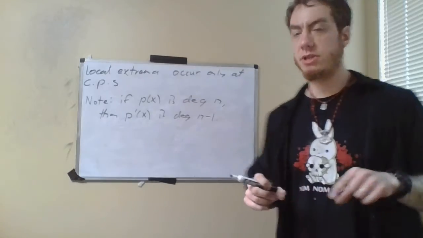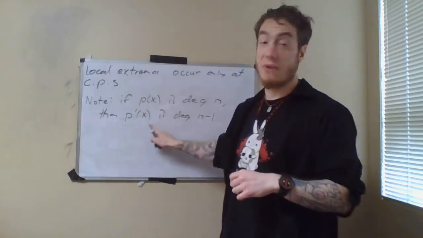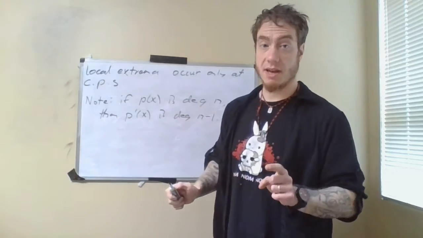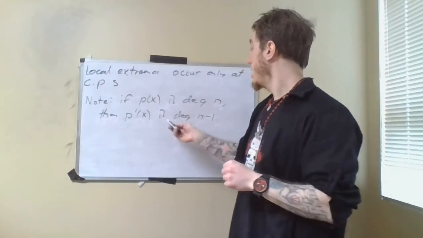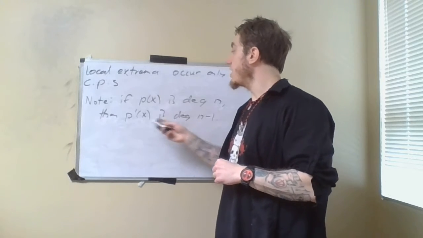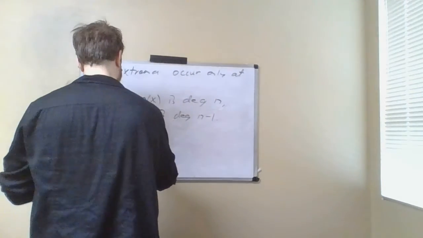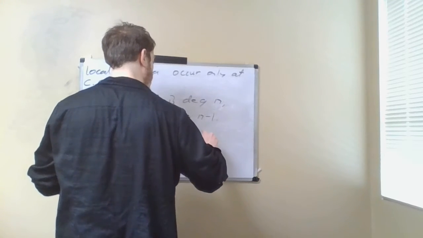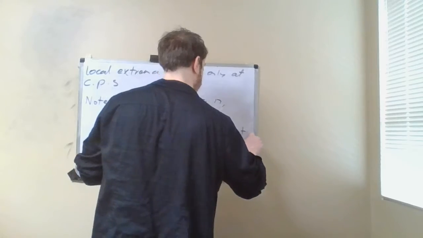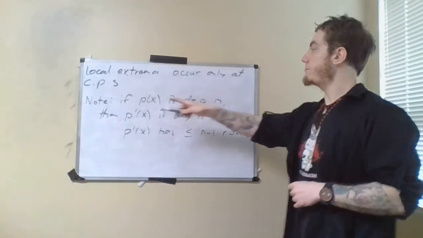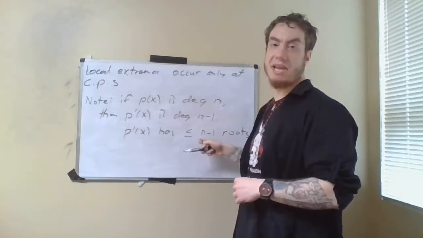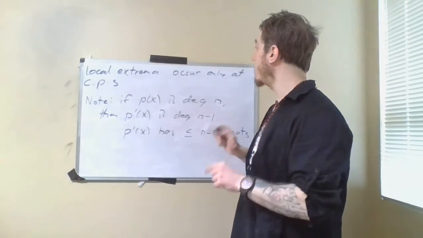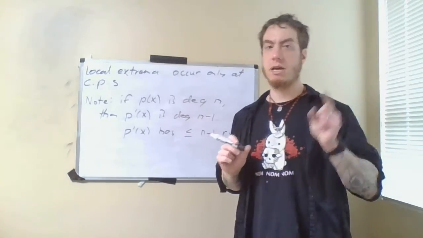An n minus 1 degree polynomial is defined everywhere, so there's no places where this derivative is undefined, but also it's degree n minus 1, and therefore p prime of x has less than or equal to n minus 1 roots. But that means that p of x has at most n minus 1 critical points, and therefore it has at most n minus 1 local maxima and minima.